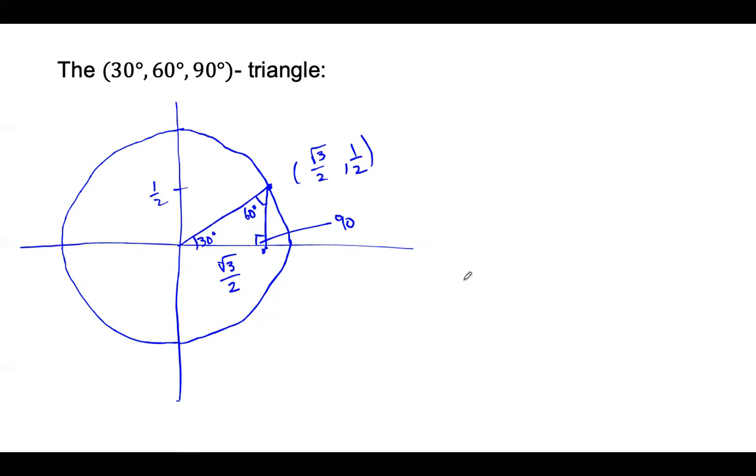We could use the Pythagorean Theorem to find out that point, which is a squared plus b squared equals c squared. Suppose our y point was a half. Well, a half squared is 1/4.